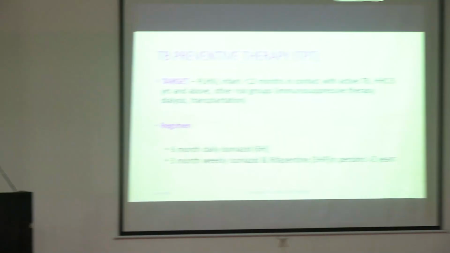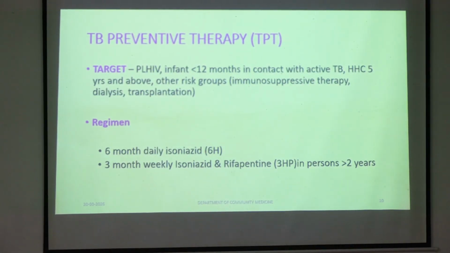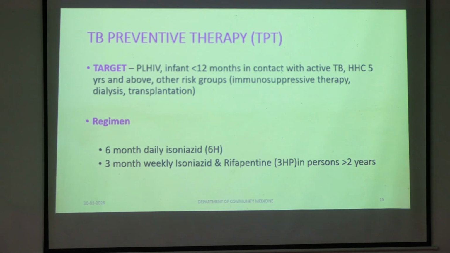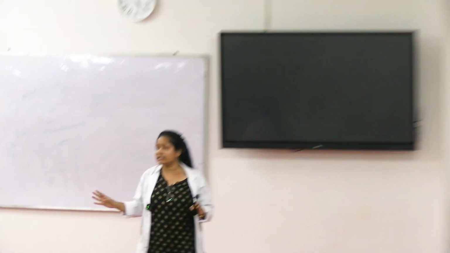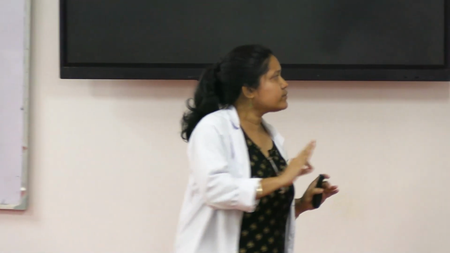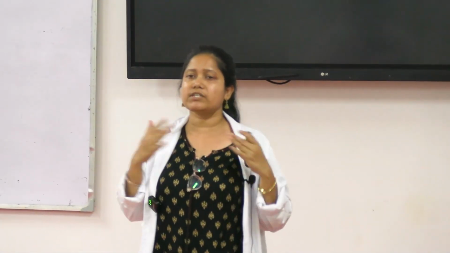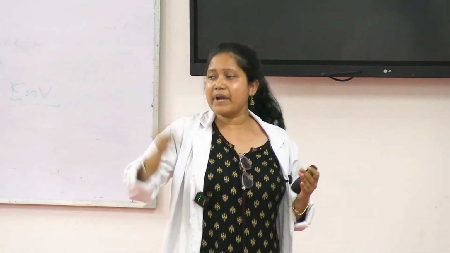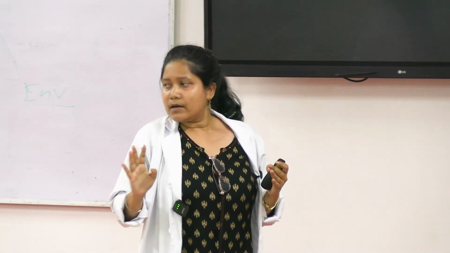So then TB preventive therapy. What is TB preventive therapy? Who are the targets? PLHIV, that means people living with HIV. Same thing, it's immunity. Also those in contact with an active TB patient within the last 12 months. For example, I am the TB patient, maybe for 12 months, I don't know, but I am spreading the disease, so you are close contacts of TB.